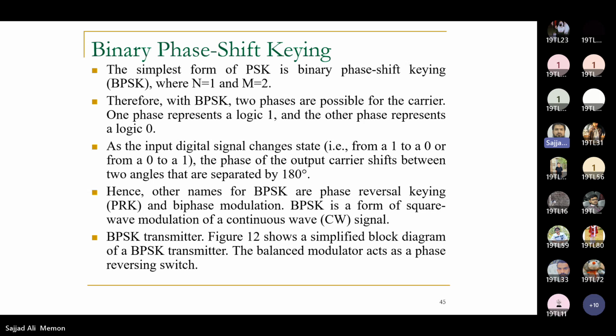So as the input digital signal changes state, that is from a 1 to a 0 or from a 0 to a 1, the phase of the output carrier shifts between two angles that are separated by 180 degrees. Hence, other names for BPSK are phase reversal keying and biphase modulation, and it's a form of continuous wave modulation of a continuous wave signal. Figure 12 shows the BPSK transmitter.